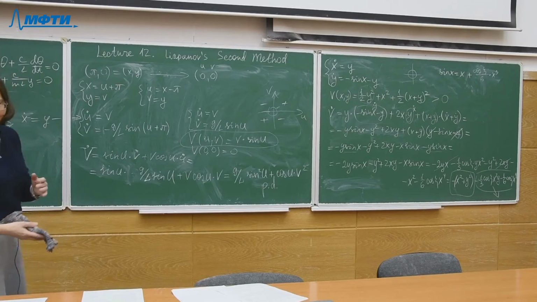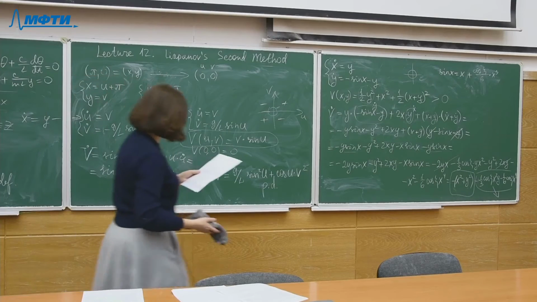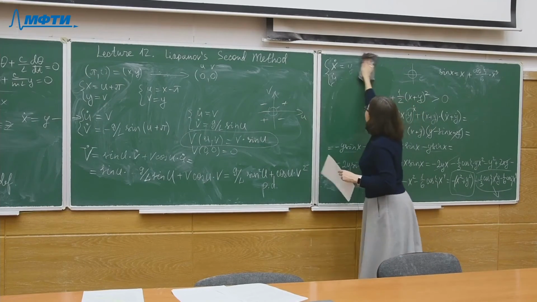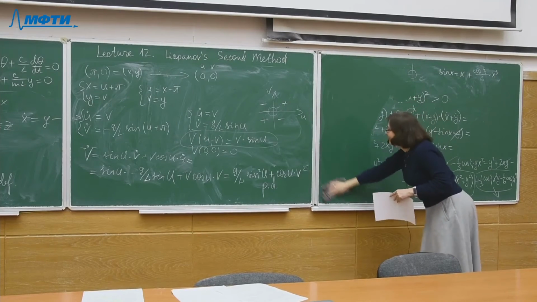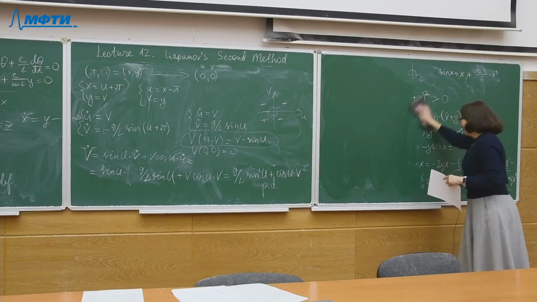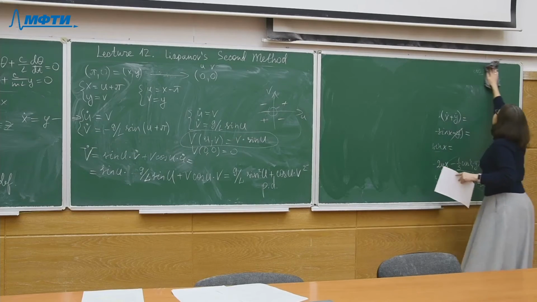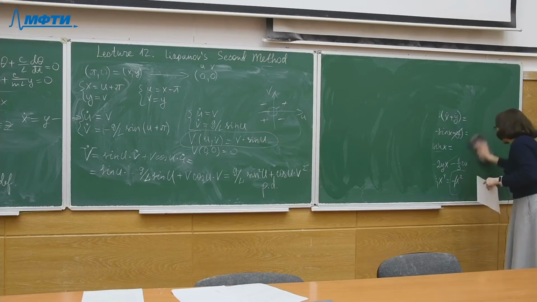Okay, so now let's try to solve some tasks. After this, we will finish. The tasks can be solved using one and the same function, which is equal to x squared plus y squared.